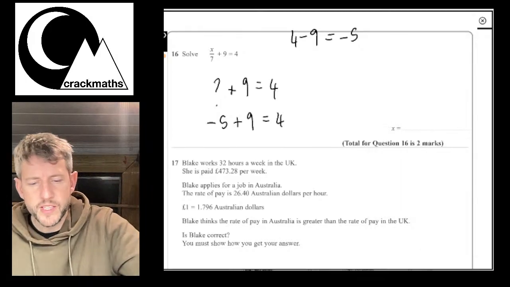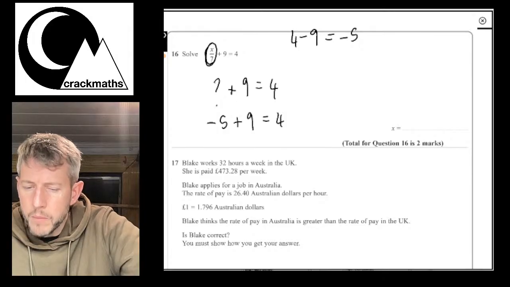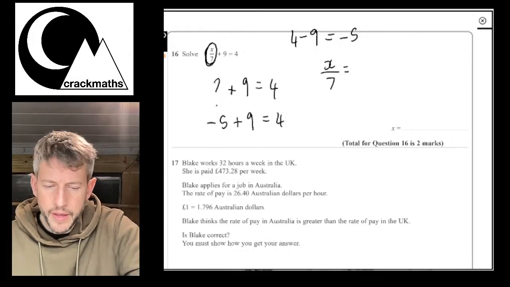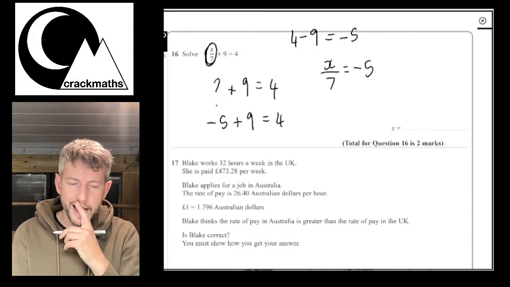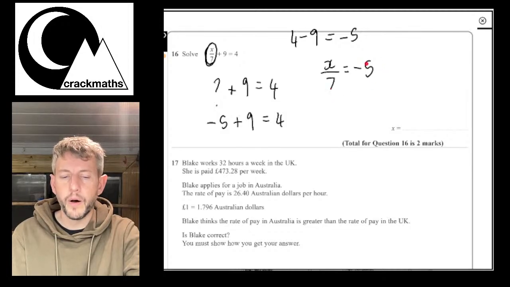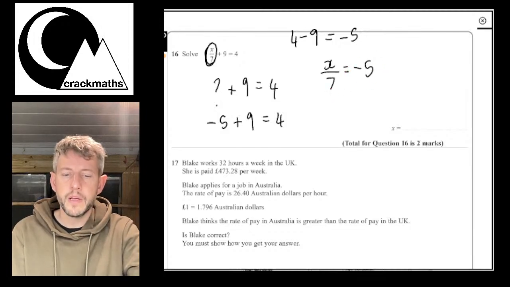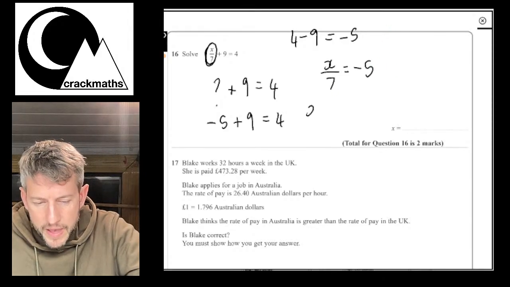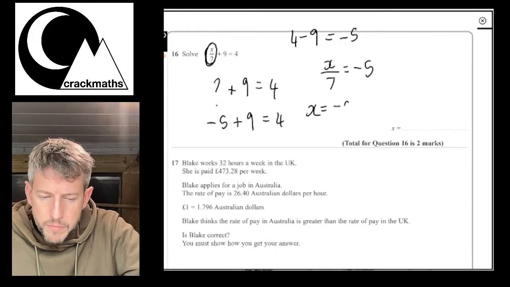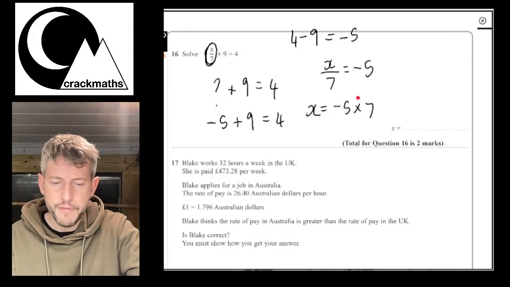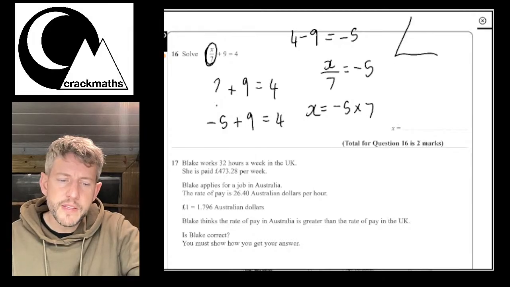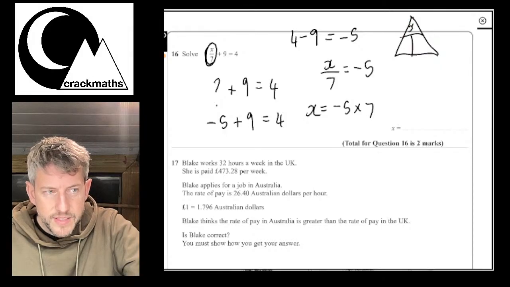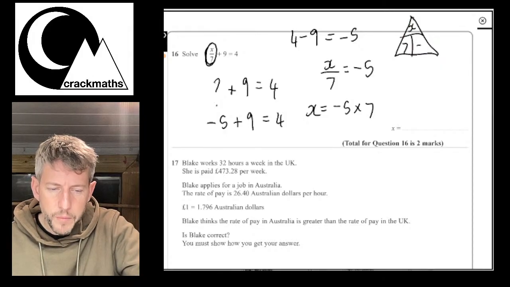So we've done the first bit. We now know that this bit here must be equal to minus 5, so x over 7 equals minus 5. Now, remember, if something divided by something equals something else, then x must equal minus 5 times the 7. You might have seen the formula things that you do in science. So we've got the x at the top, we put the 7 there, and we've got the minus 5.